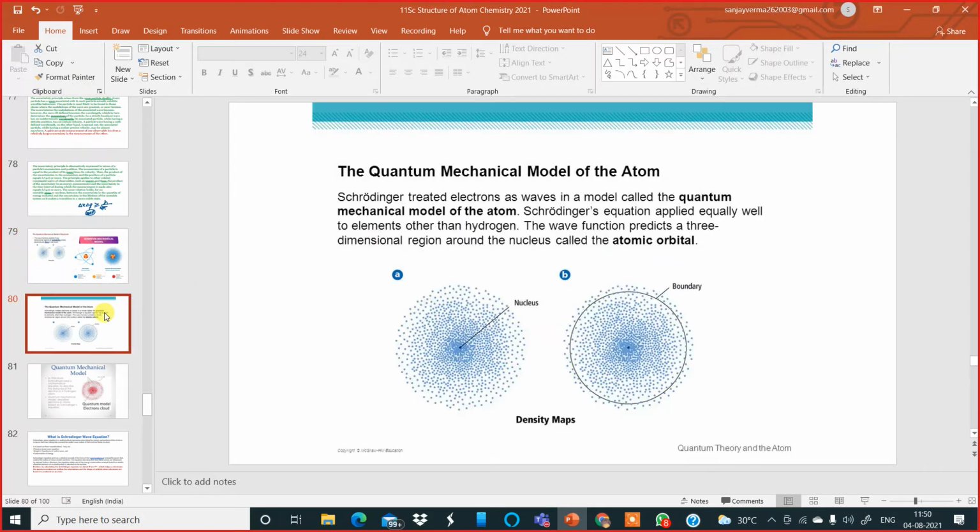Now moving further to one more similar diagram, the enlarged one. In the quantum mechanical model of the atom, Schrodinger treated electrons as waves. Schrodinger's equation applied equally well to elements other than hydrogen.